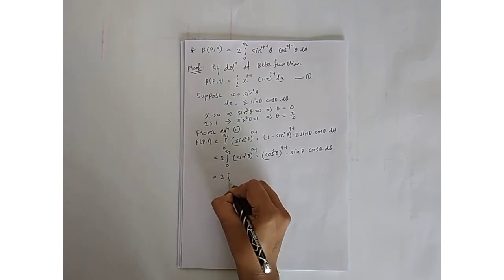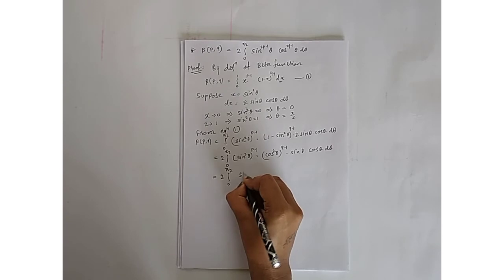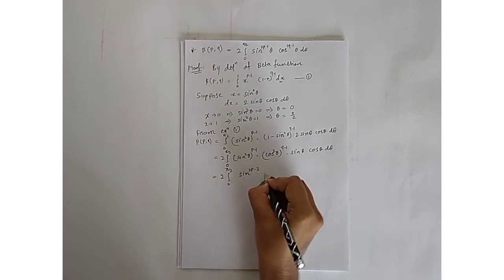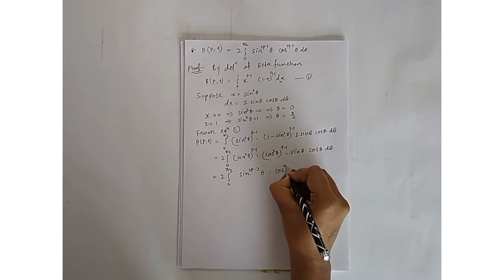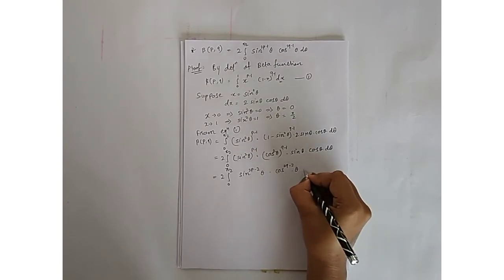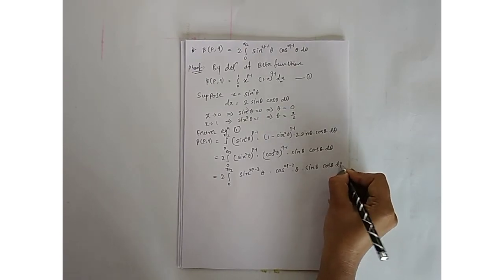Applying the powers, it becomes sine to the power 2p minus 2 theta into cos to the power 2q minus 2 theta into sine theta into cos theta d theta.